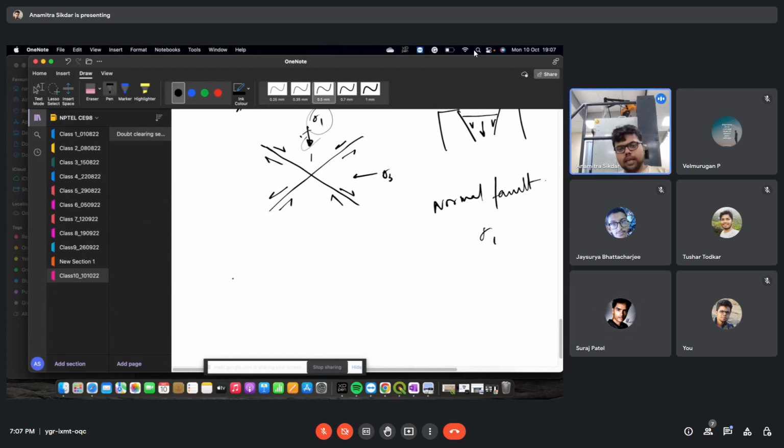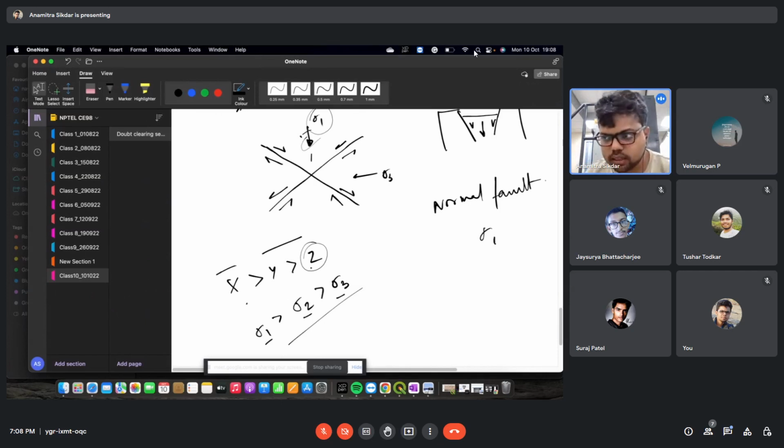No. See, x is greater than y is greater than z. This is the strain axis, and sigma 1 is greater than sigma 2 is greater than sigma 3. This is the stress axis, right? So sigma 1 is maximum, okay? There are two kinds of conventions.